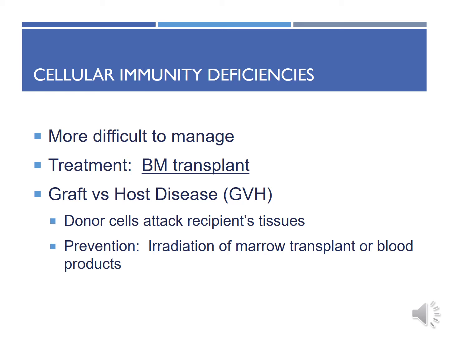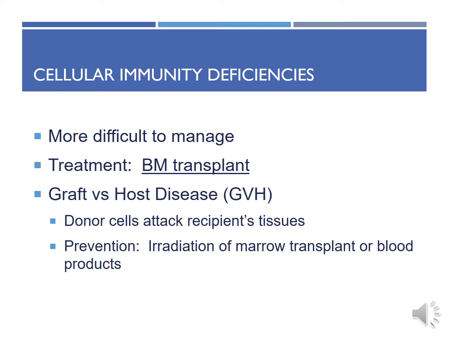They actually have to go through a bone marrow transplant most of the time in order to recover from this deficiency. And that leads to other gigantic issues, one of them being graft versus host disease.